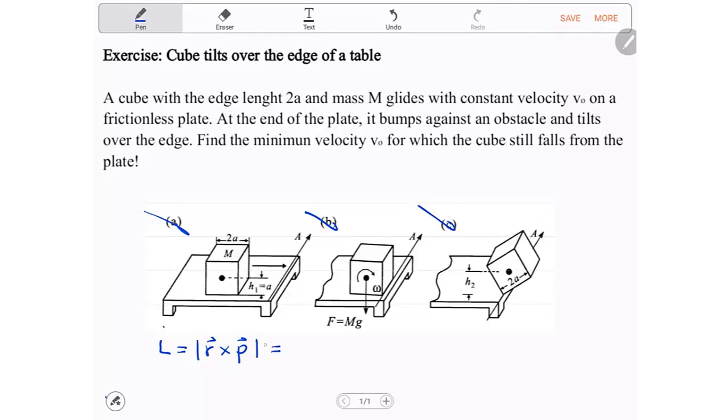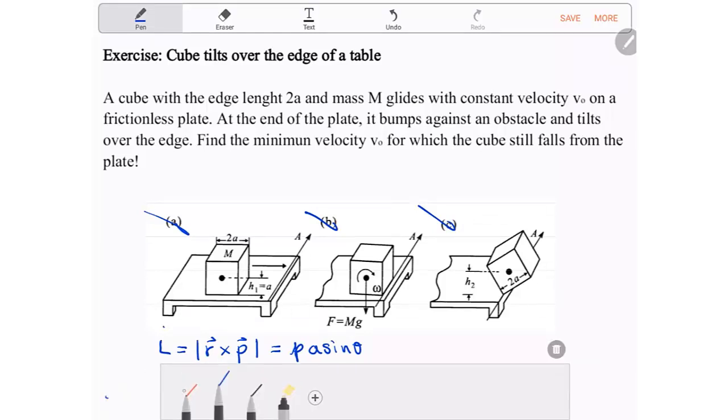So we can write this as p a sine of theta, where theta is the angle between the velocity direction and the distance a.